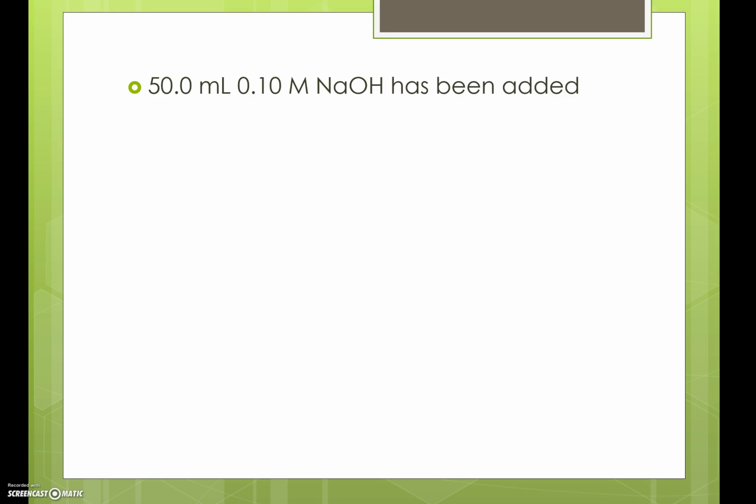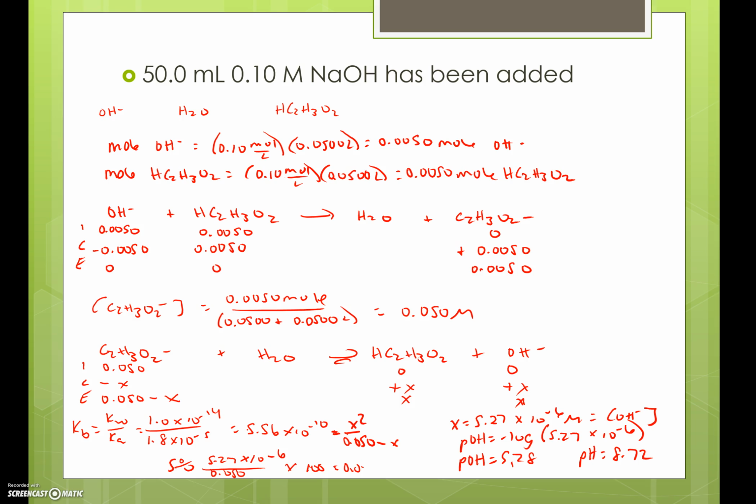Now we're going to move along in our titration, and we're going to add a total of 50 milliliters of 0.10 molar sodium hydroxide. So we'll do the same steps as before. We want to calculate the moles of hydroxide and the moles of acetic acid. We'll plug those values into our ice chart, and our hydroxide is completely consumed by that weak acid in the solution.